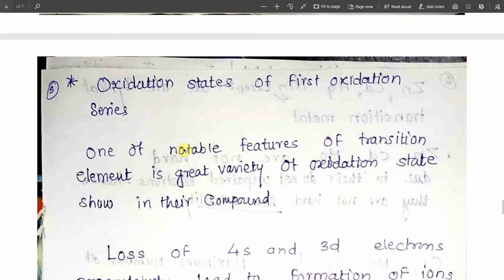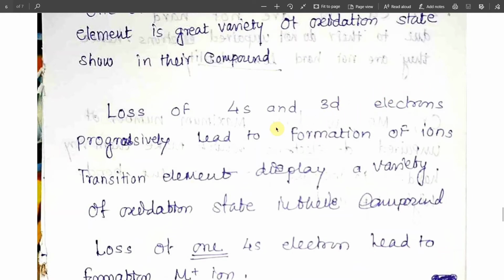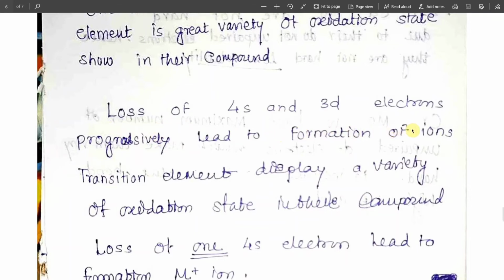One notable feature of transition elements is the great variety of oxidation states shown in their compounds.